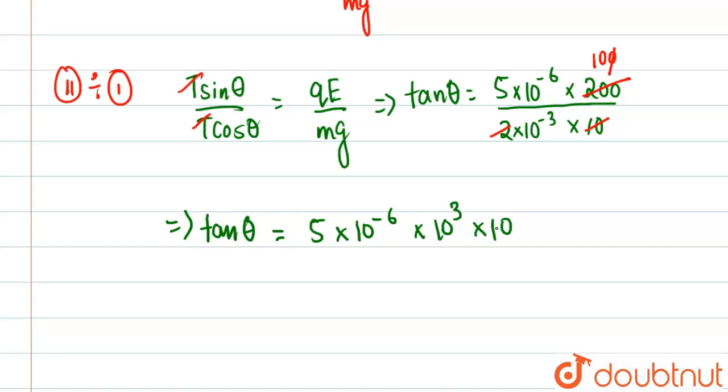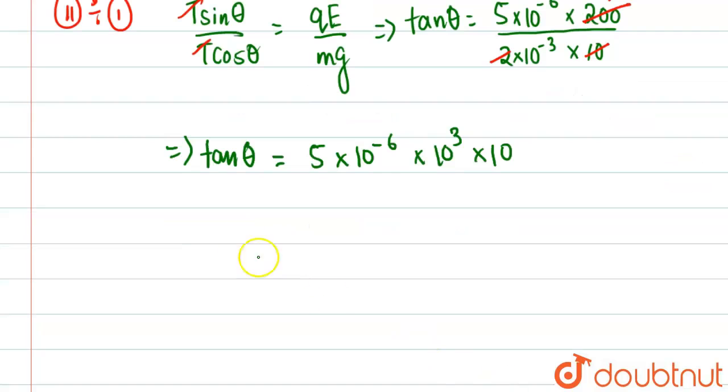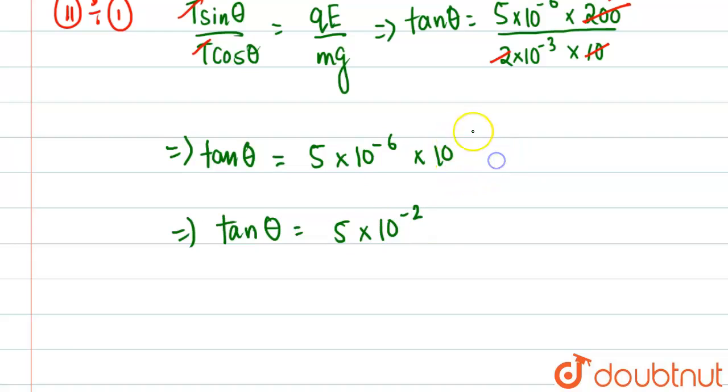This is what will be left. So now we will calculate theta. Tan theta will be equal to 5 into 10 to the power minus 2, because this will become 10 to the power 4. So we'll be left with 5 into 10 to the power minus 2.